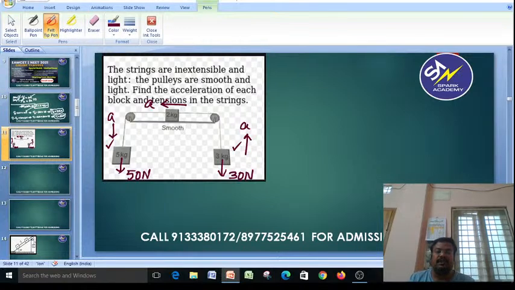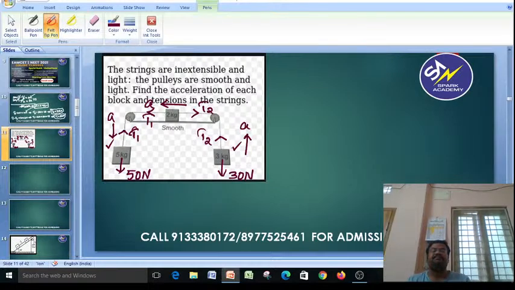Now the tension T1 exists in one string, connecting the 5 kg and 2 kg blocks. Tension T1 acts away from the 5 kg block, and the same tension T1 acts away from the 2 kg block. And tension T2 acts away from the 2 kg block, and the same tension T2 acts away from the 3 kg block.